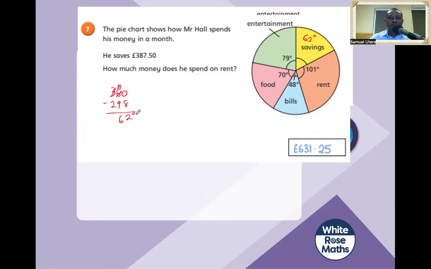Now, we're told that this is the amount he saves. So with 62 degrees, let's find out what fraction that represents out of 360, because if we know the proportion, then it will be easy to start to work things out. So we do 62 divided by 360.